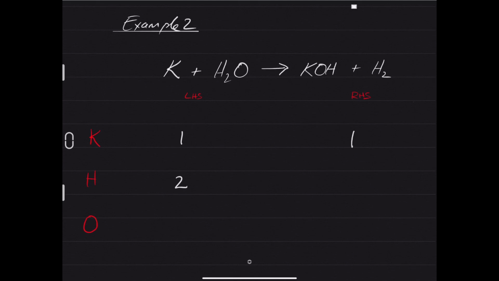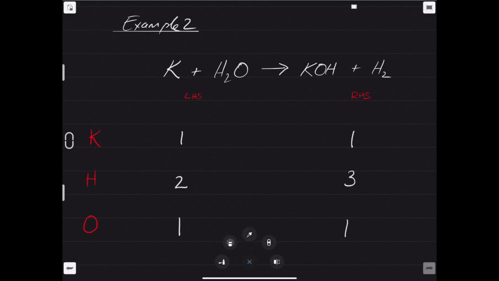On the right-hand side, we have 3. Oxygen, on the left-hand side, we have 1. And on the right-hand side, we have 1 here as well. Now, we can straight away see that this is not balanced, specifically in the area of the hydrogen atoms.